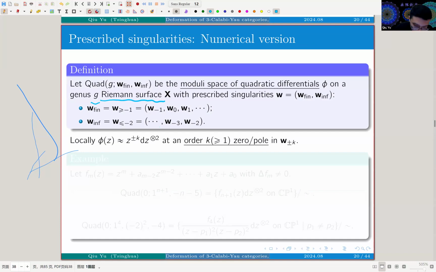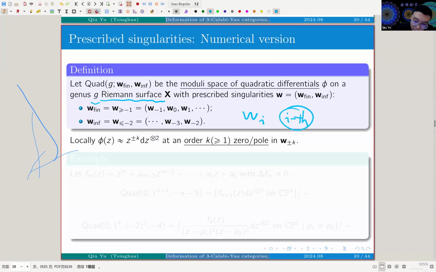For each integer i, you give me w_i, and they correspond to prescribed singularities on this Riemann surface. Of course, they need to satisfy certain conditions, but basically w_i corresponds to the i-th singularity.